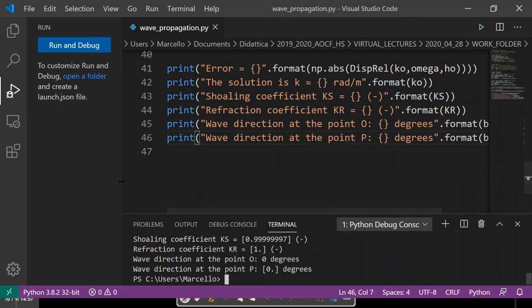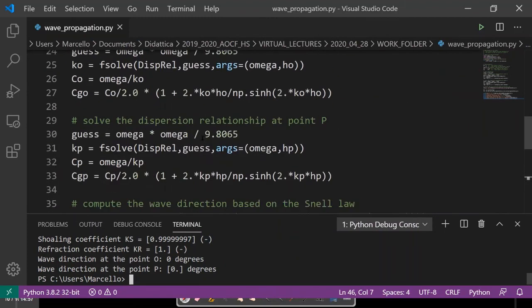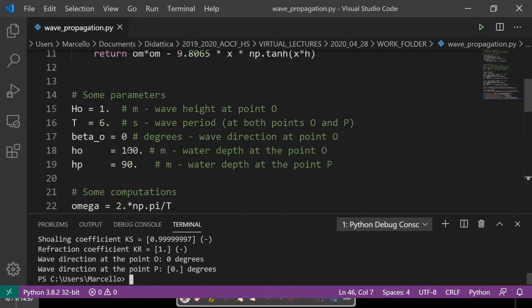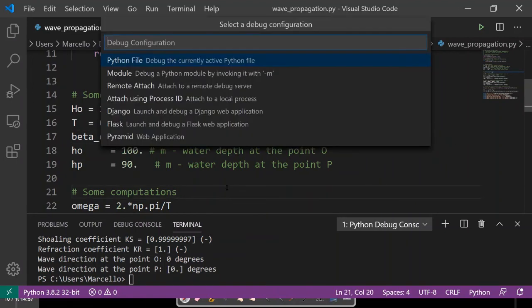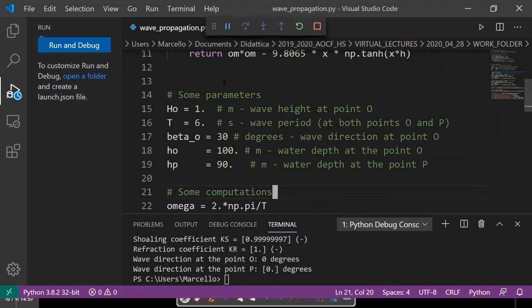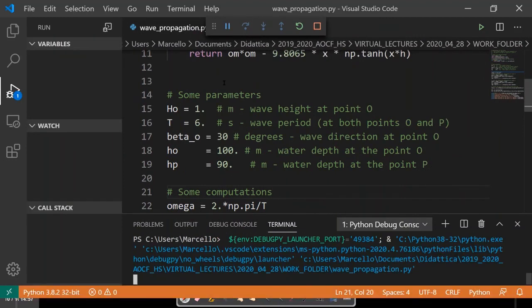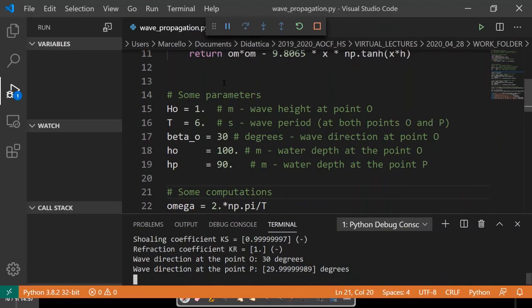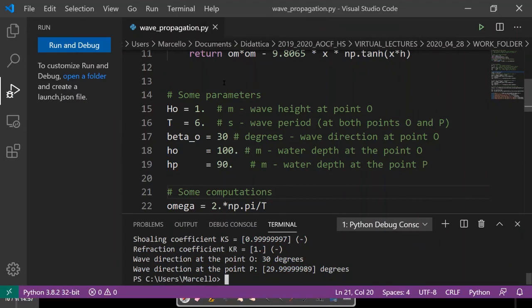As you can read here, if we change the wave direction offshore up to 30 degrees, we should have that beta P is lower than beta O. As you can guess here, the wave angle is decreasing.